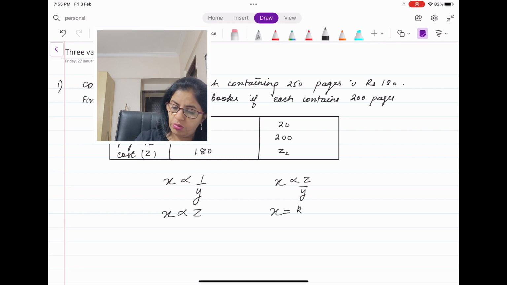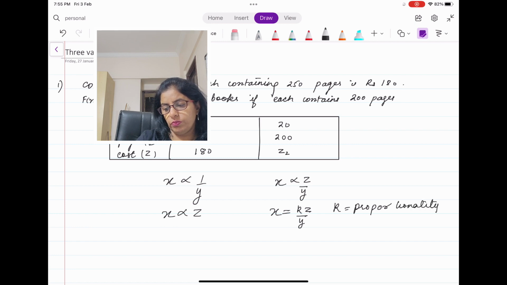So our equation becomes X is equal to kZ upon Y. Here K is the proportionality constant, which means this value remains constant for different values of X, Y and Z.